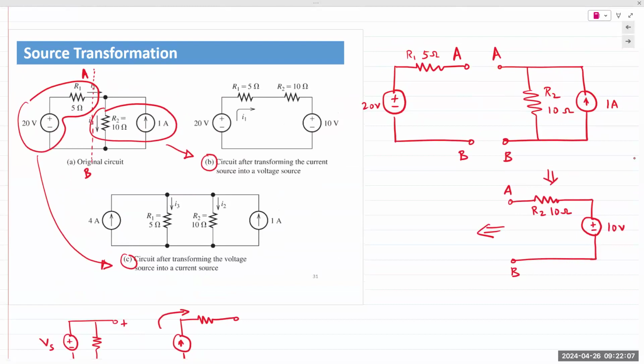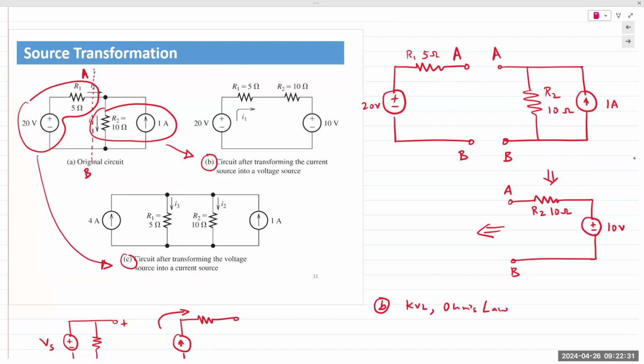Okay, so as I was saying here, circuit B can be solved using KVL, Ohm's law, etc. Simple techniques versus nodal analysis or mesh current analysis. So your question was, you remind me again?